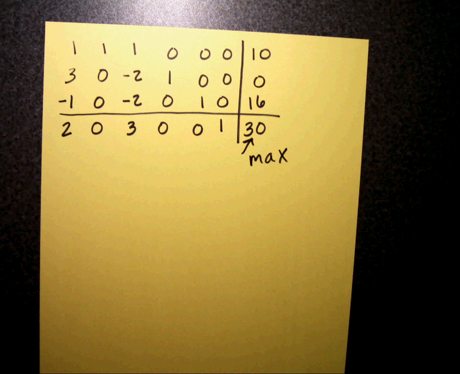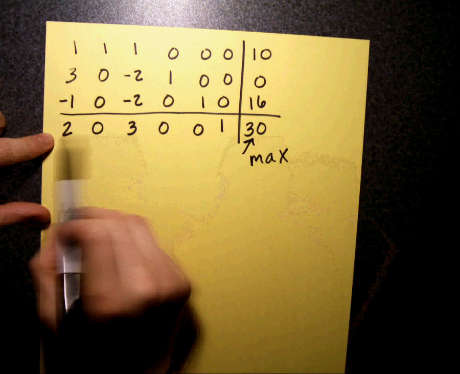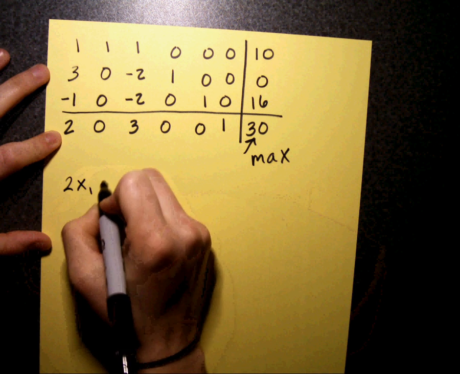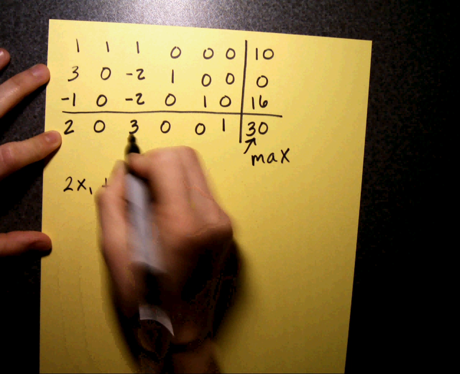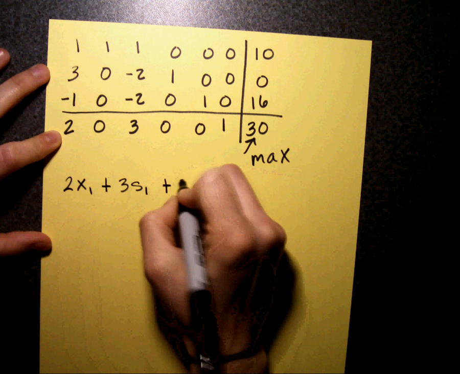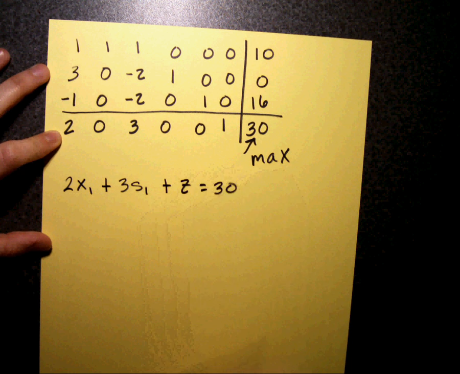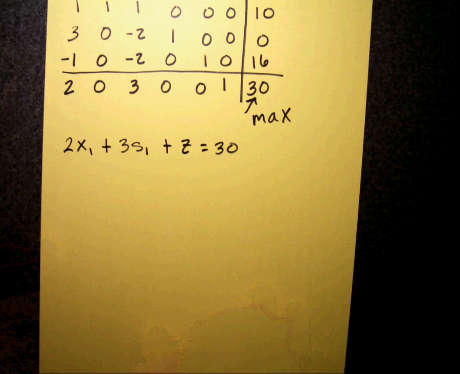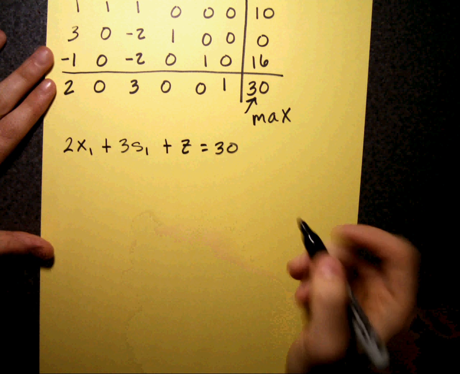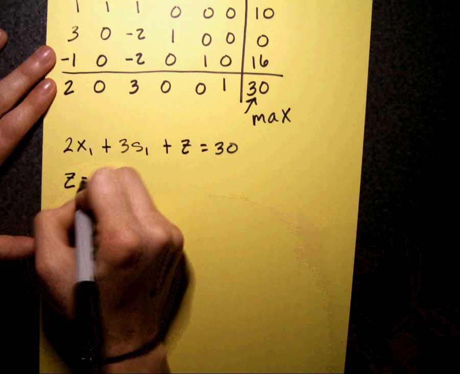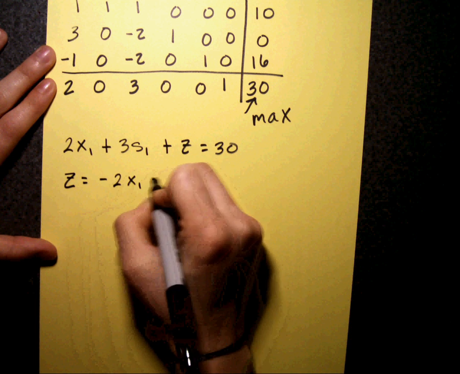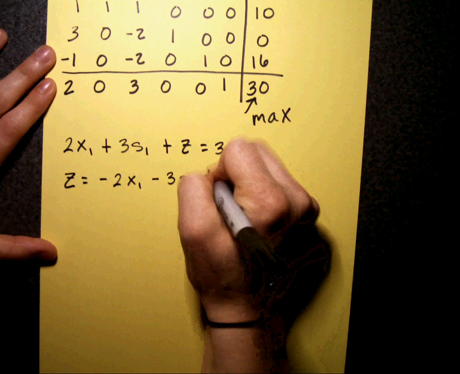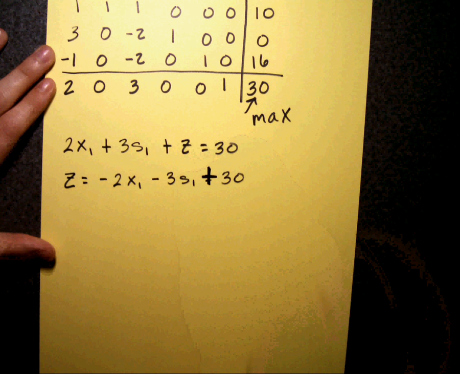So writing down, starting with my very last equation, I have 2x sub 1 plus 3s sub 1 plus z is equal to 30. And we were solving for z, so I'm going to move my x sub 1 and s sub 1 back to the right-hand side. So I get z equals negative 2x sub 1 minus 3s sub 1 plus 30.